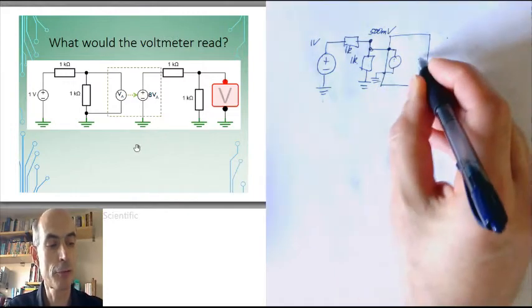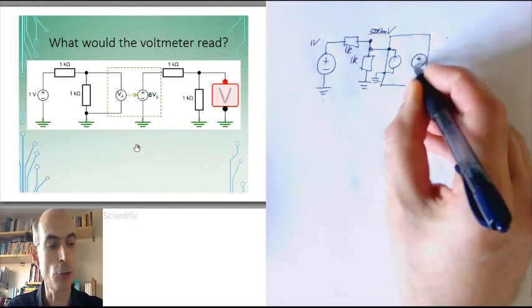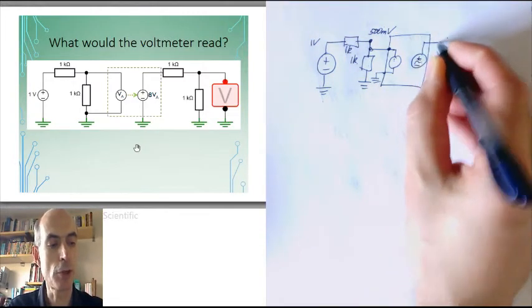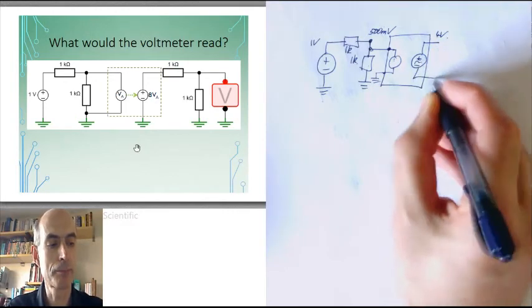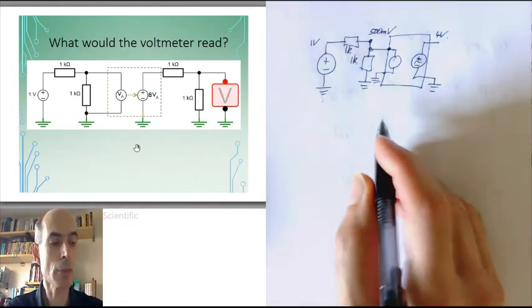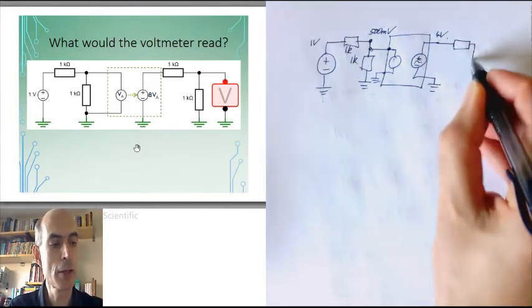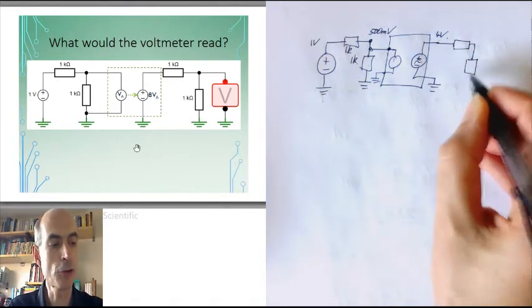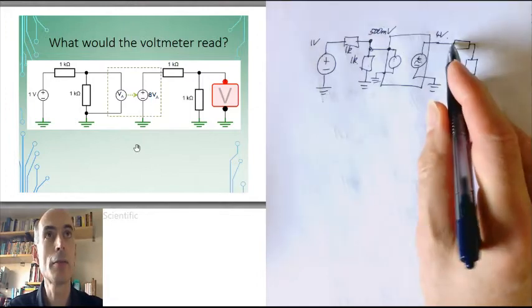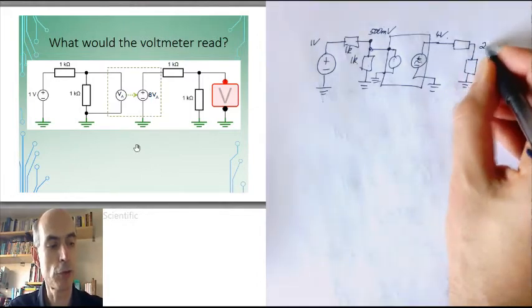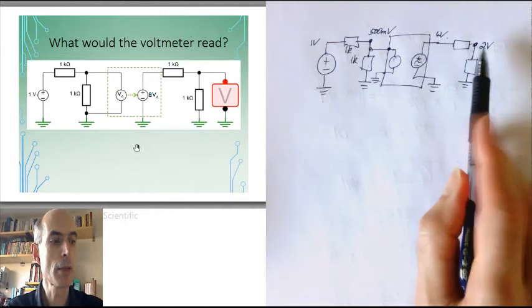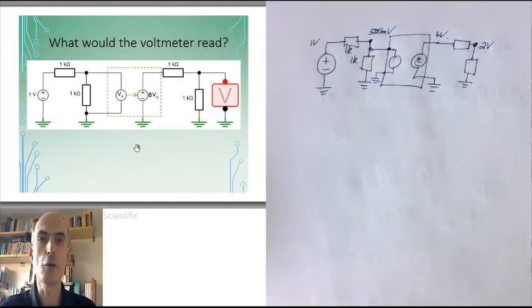So this voltage-dependent source here is going to be outputting 4 volts there. This 4 volts then goes into another potential divider. This potential divider also divides by 2, and that results in the output voltage at this point in the circuit here being 2 volts. We can think of op-amps as voltage-dependent voltage sources as well.